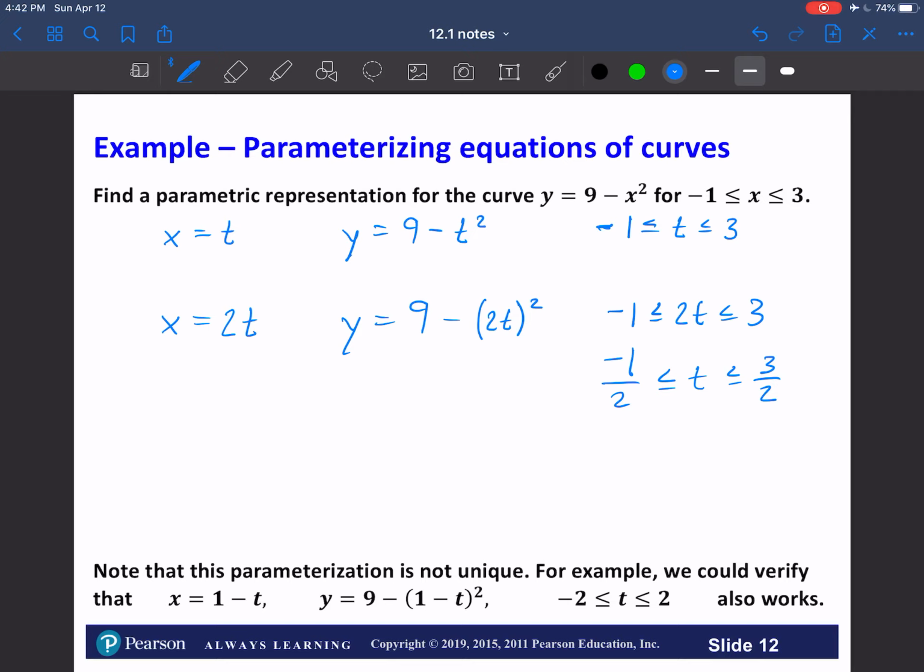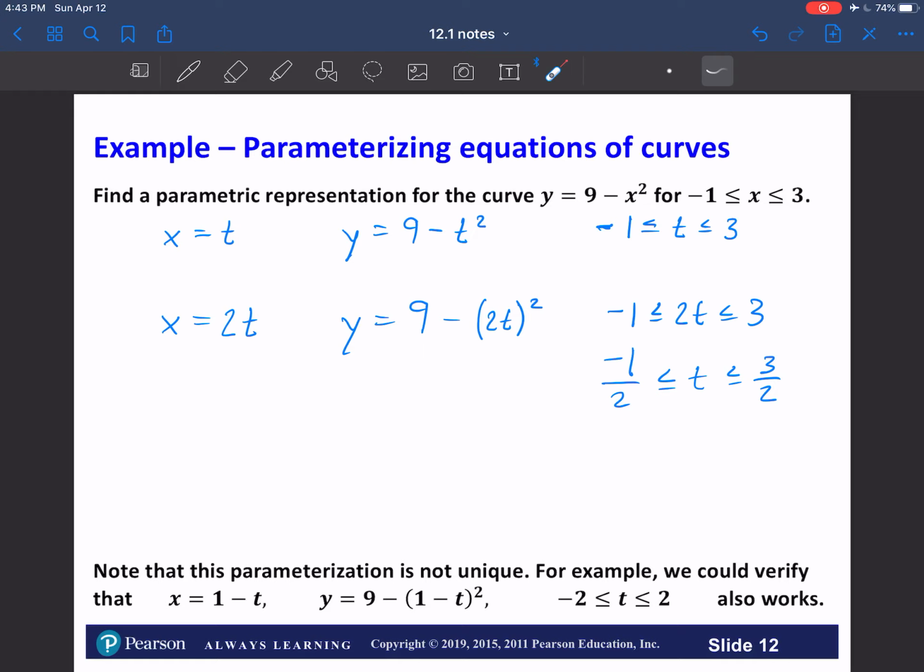And you could imagine changing x to be anything you possibly want, and then changing this t to be that same thing, and it would work out. And we actually do this down here at the bottom. Here we say, you could let x equal 1 minus t, and then you just replace the t with 1 minus t quantity squared. And then your bounds are -2 to 2.